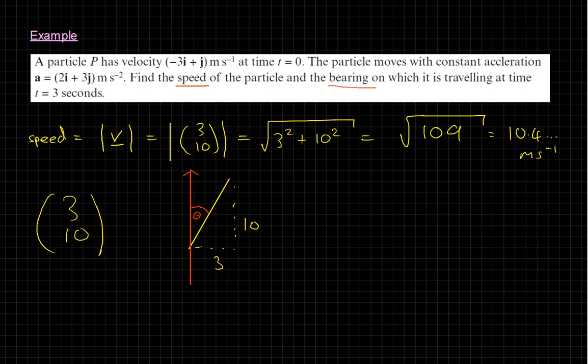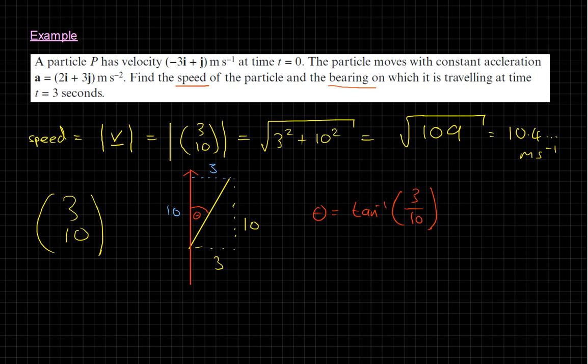So what I'm actually going to do is find, well, there's several ways you could do it, I suppose. Perhaps the easiest really is to create a new triangle. We'll say that's 3, which it must be. This is 10. And therefore theta is equal to tan inverse of opposite over adjacent. So that's 3 over 10.